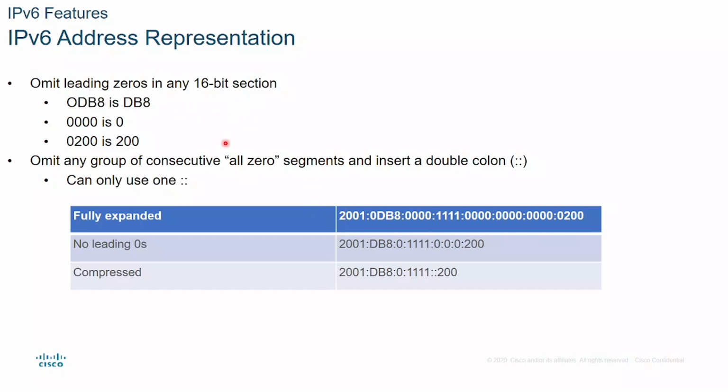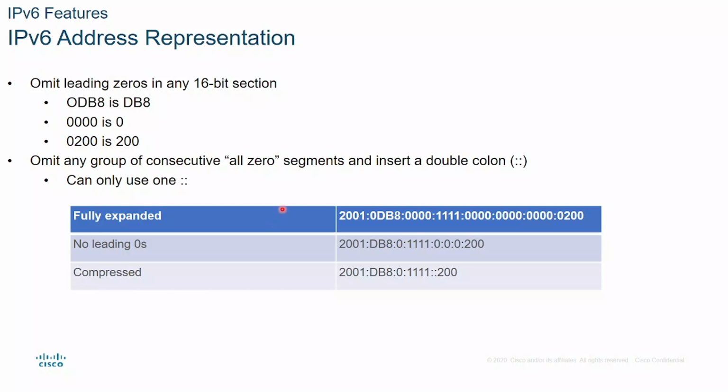Instead of even having 0db8, you can have just db8. This is an example of a fully expanded IPv6 address. Instead of putting 0000, you can just use one single zero. Also, instead of putting 0200, you can have just 200.